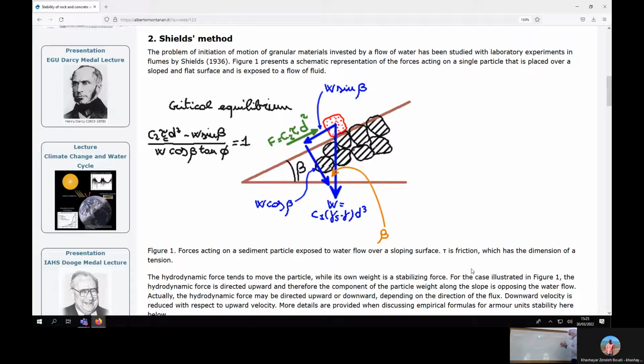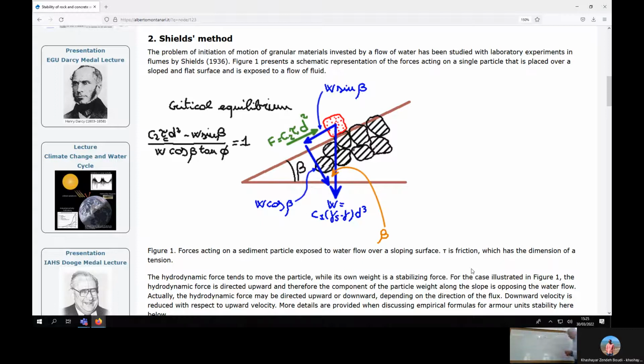Let me say that the self-weight can be decomposed in a component that is parallel to the surface and a component that is perpendicular to the surface. The parallel component is actually a destabilizing force. The perpendicular component is stabilizing.